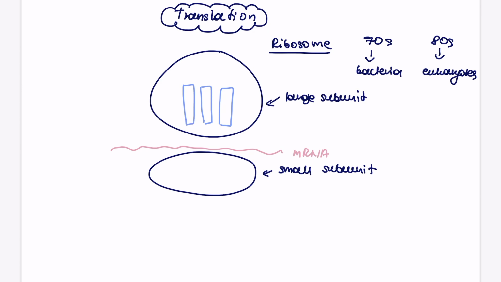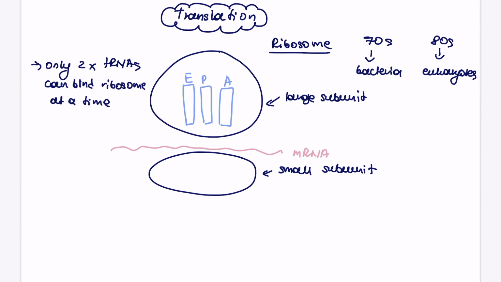What is commonly missed in talking about translation is that the large subunit actually has 3 binding sites, called A, P, and E. You don't need to know the names of those, but just appreciate that they're there for now. What you need to know is that only 2 tRNAs can bind to the ribosome at a specific time. So let's draw them in.